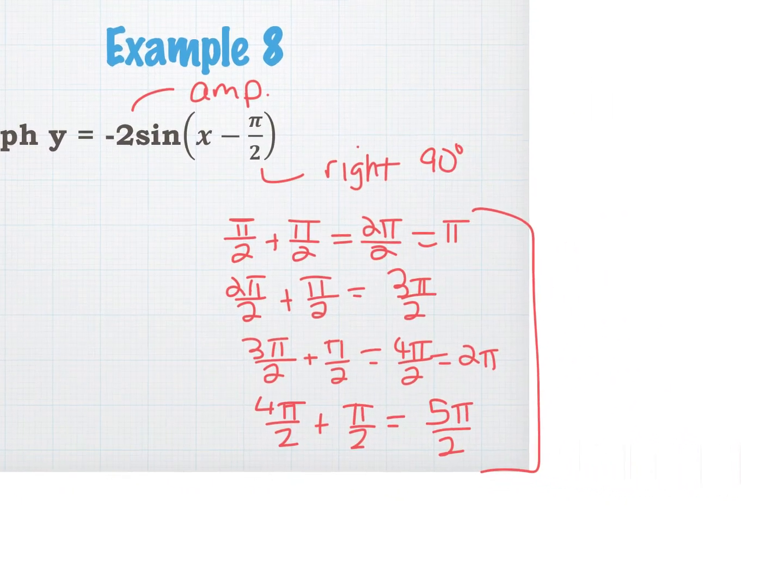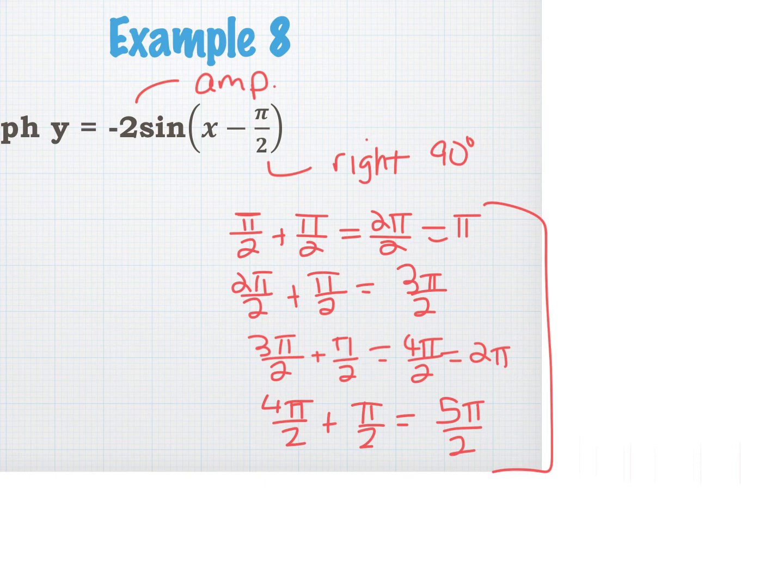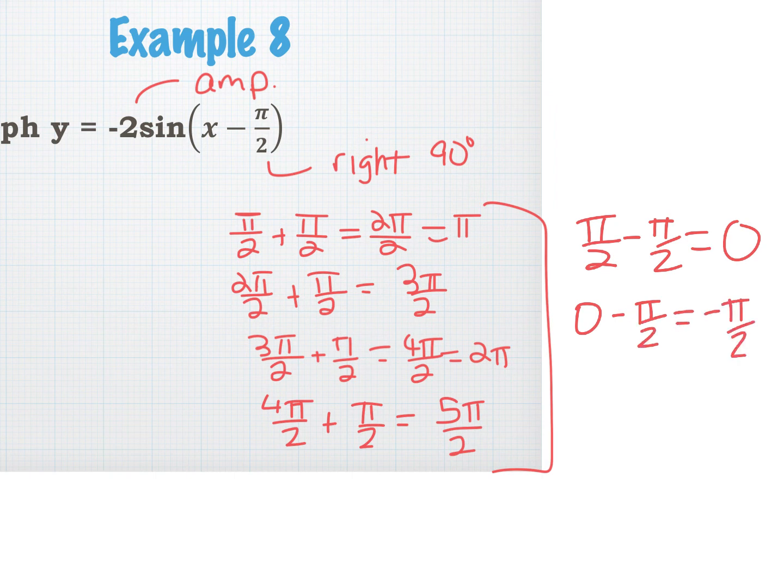Now let me do 4 to the left. So again, take your pi over 2 minus pi over 2. This one actually has a stopping point on the y-axis because I get a 0 in my calculations. And then 0 minus pi over 2 is just negative pi over 2.